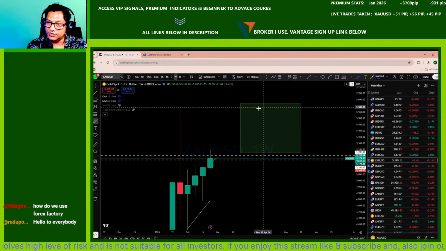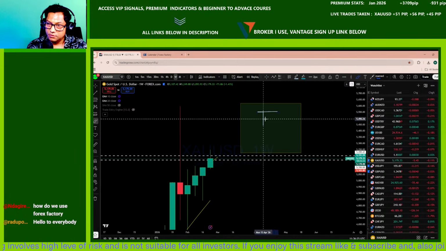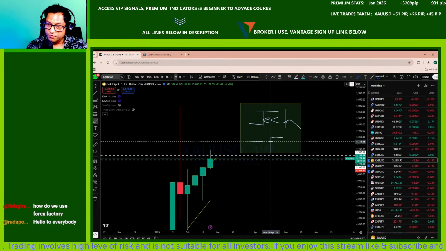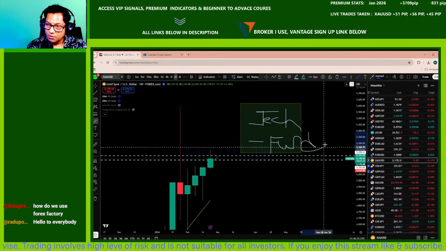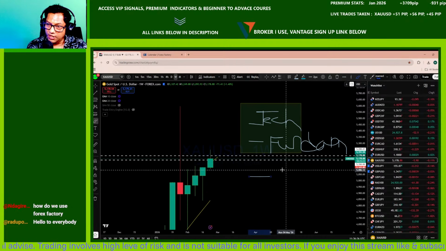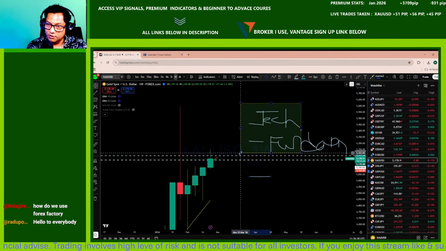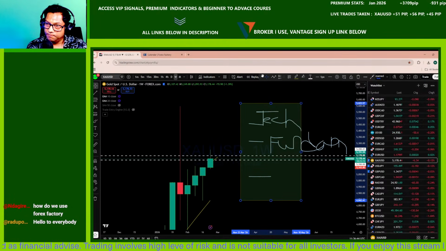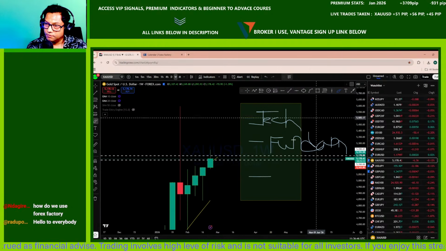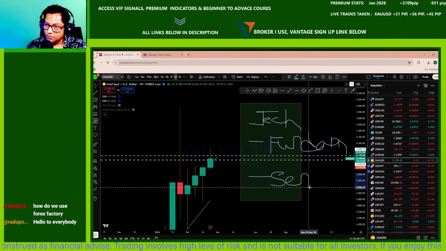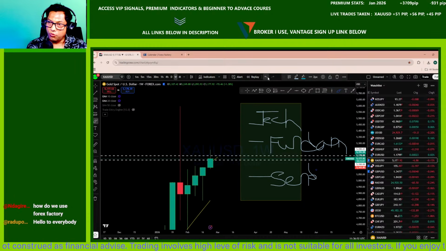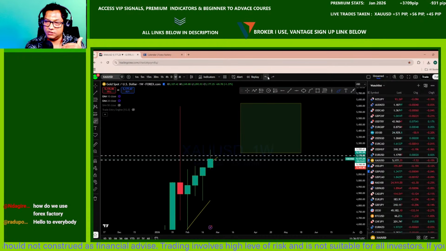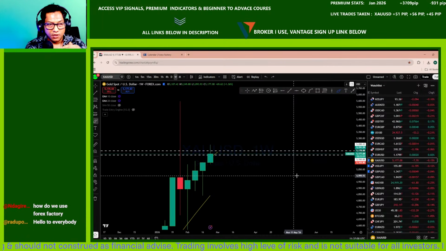One is the technical, the other one is fundamental, and the third one is the sentiment. With those 3 analyses, we will be looking for that entry in this market. So make sure, traders, keep notes.